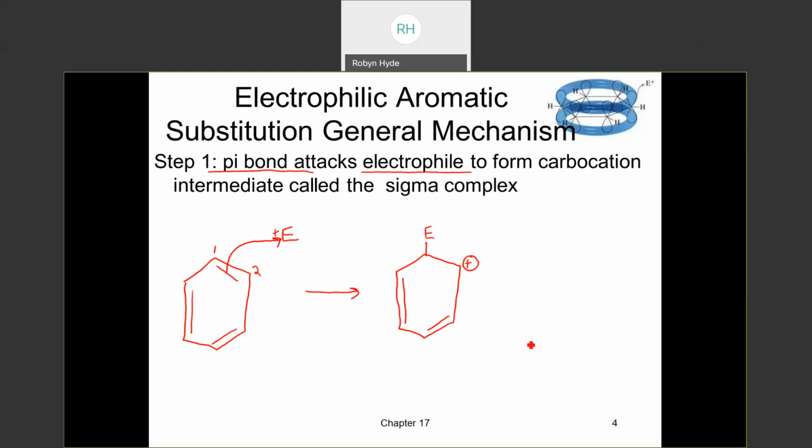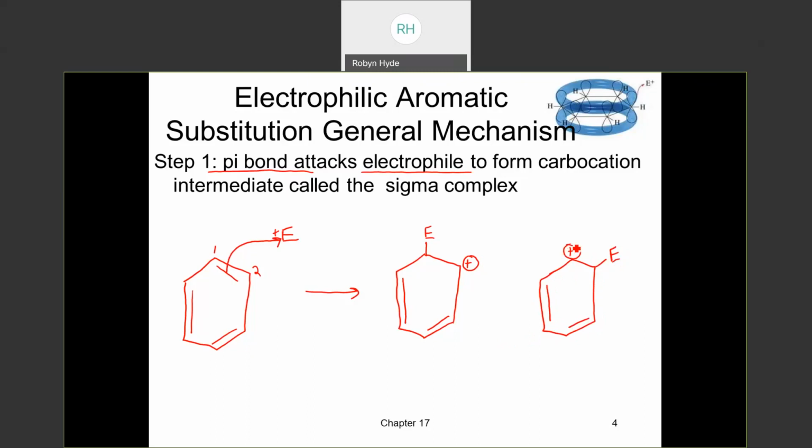Since this benzene is completely symmetric, it does not matter if I add the electrophile to carbon 1 or to carbon 2. It is just as likely in 50% of my material that I could draw it just like this, and the other 50% I could draw just like this, which actually is the same thing.